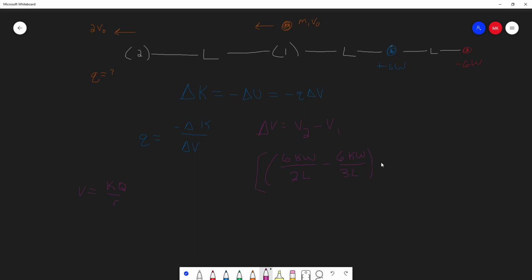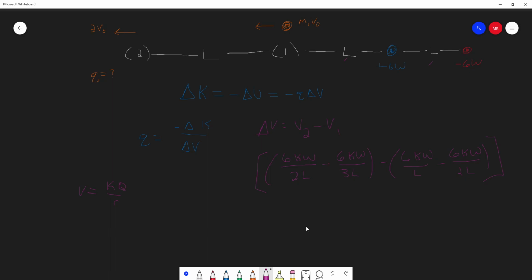And then we have minus V1. V1 is here. Our positive charge, we have 6kW over this distance L. And then minus this negative charge, because it's negative, that's why there's a minus sign, 6kW over 2L.